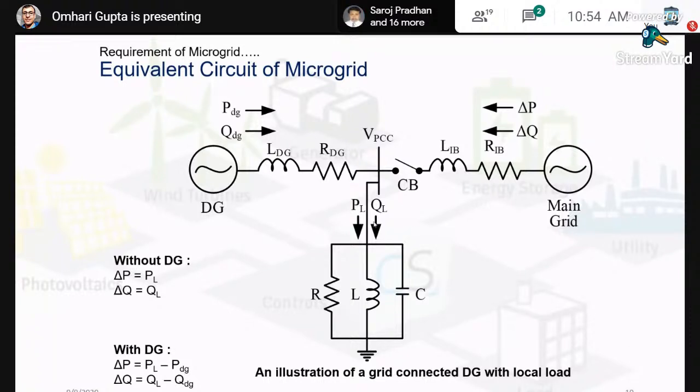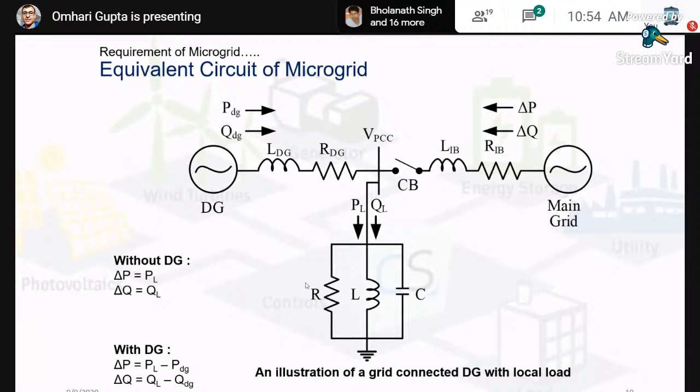Once you connect the DG, part of the power will be delivered by the DG. So this delta P will be reduced, as you can see. Earlier delta P was equal to PL, now it is PL minus PDG. So this concept of distributed generation is actually reducing the burden on the utility grid.